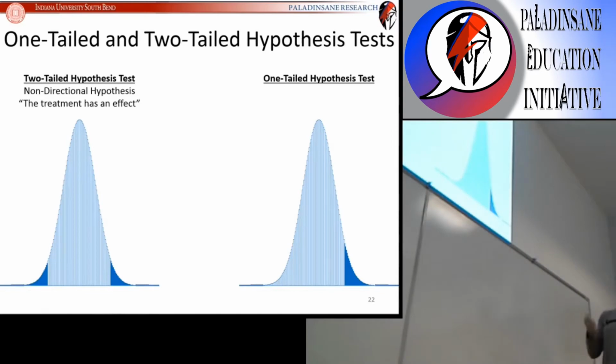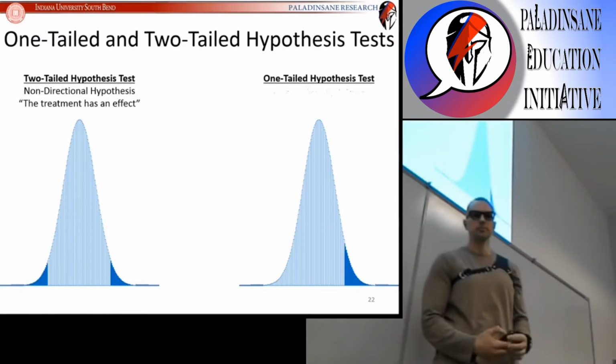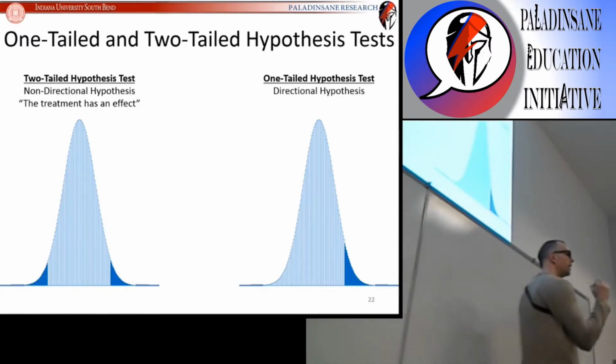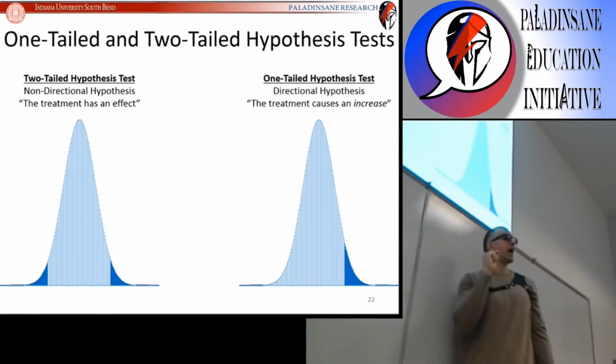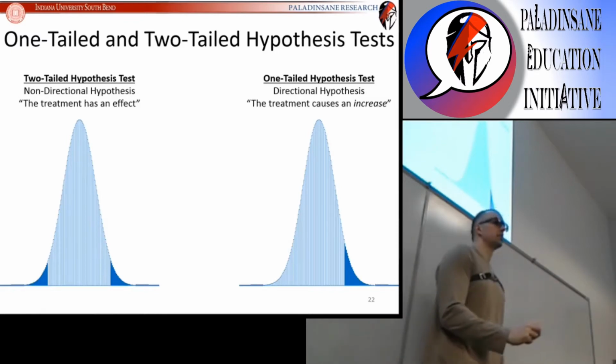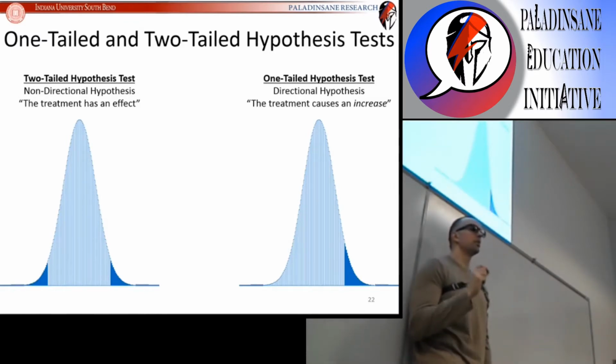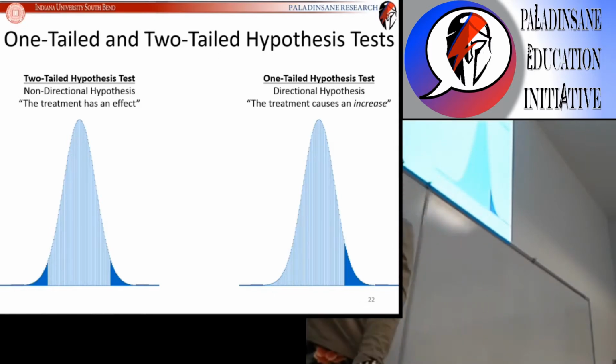On the other hand, a one-tailed hypothesis test, this is known as a directional hypothesis. This is where you want to know if your treatment has an effect in a specific direction. So, for example, if we made a treatment that was designed to increase self-esteem, we're not interested in the decrease side, right?